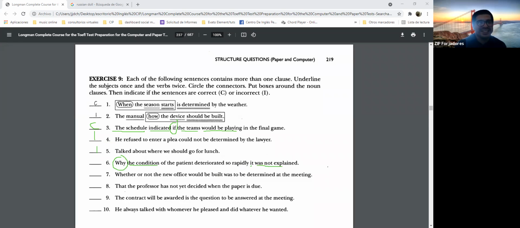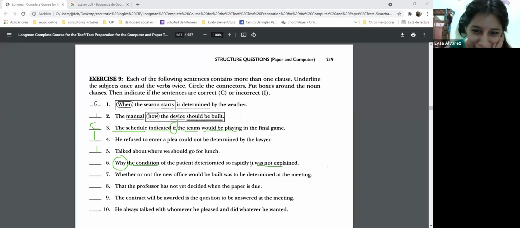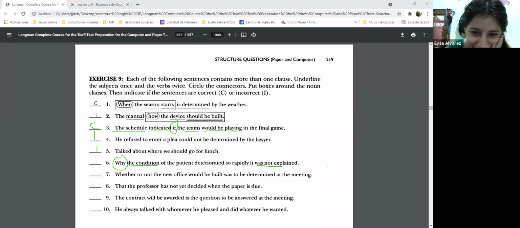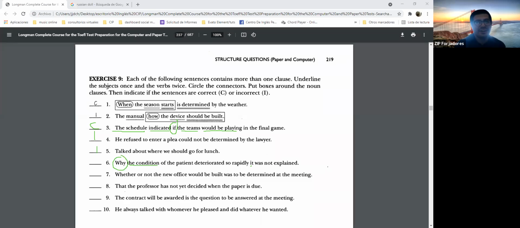So, is there a subject? I'm thinking. Yes, don't worry. We have here "so," that is a connector. So it's an intensifier, it's an adverb. Okay, it's a conjunction? Yes, but remember it's after a comma.